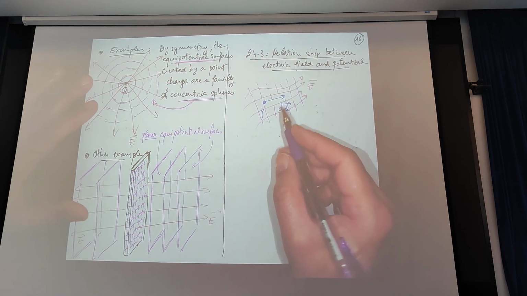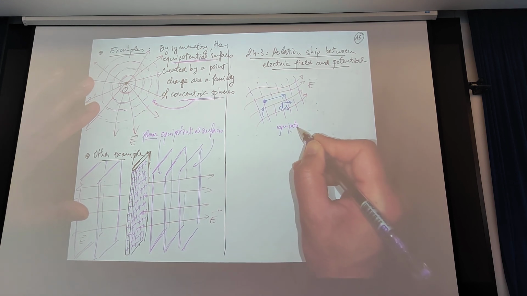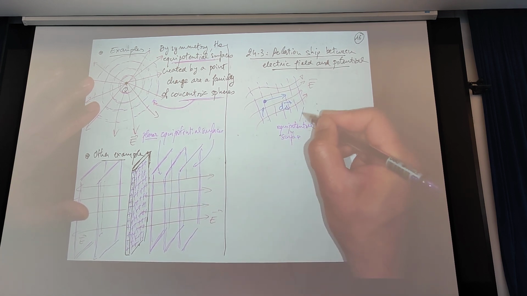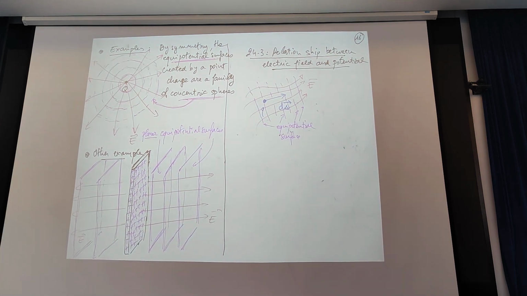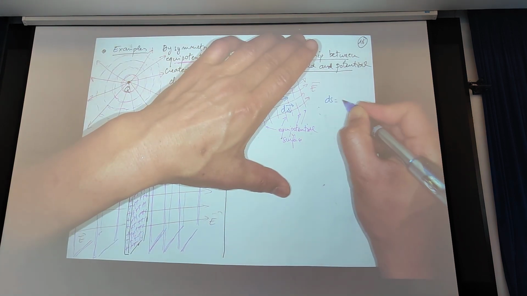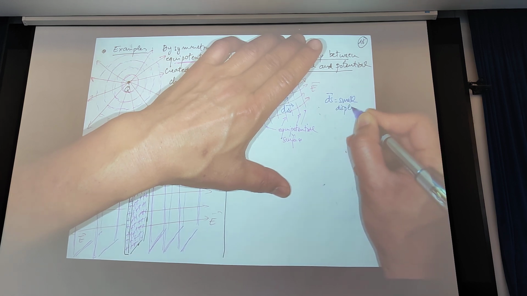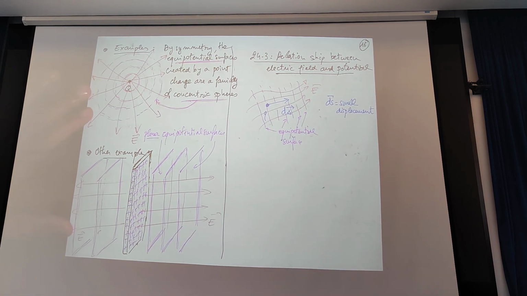So equipotential surface, small displacement, ds. Do you follow me?